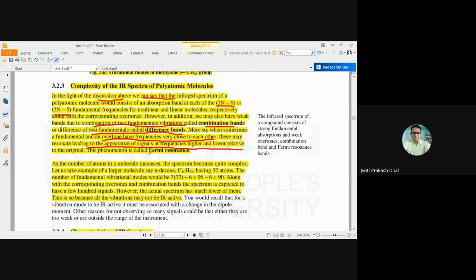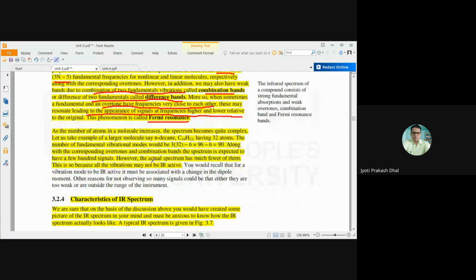This phenomenon is called Fermi resonance. That means apart from these five bands, if the fundamental and overtone have frequencies very close to one another, the molecule also shows an additional band due to Fermi resonance.